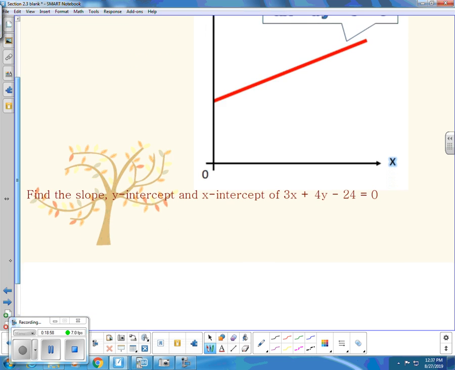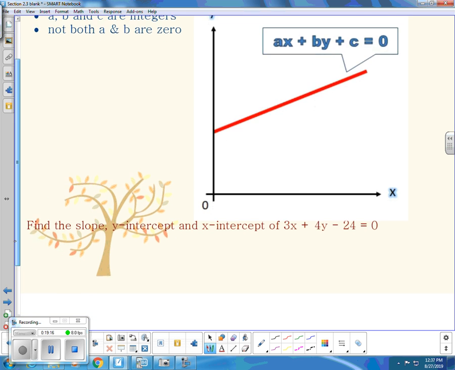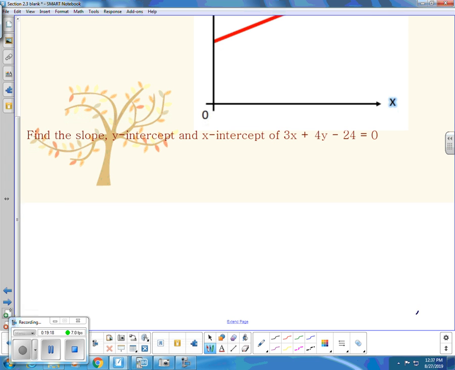So a, b, and c are integers. Both a and b are not 0. In some books a has to be positive. In some books the c is on the right side, so it just all depends on the author of your textbook.